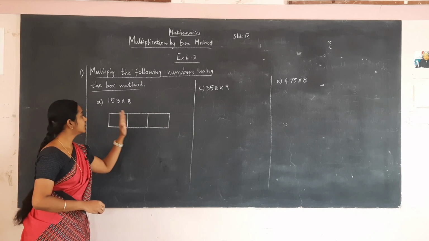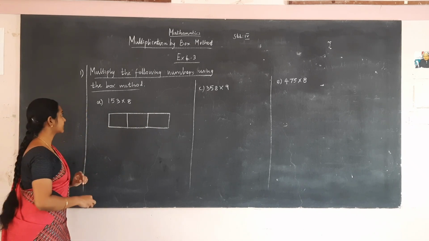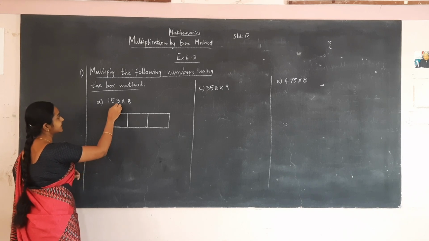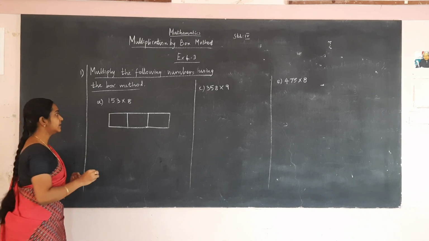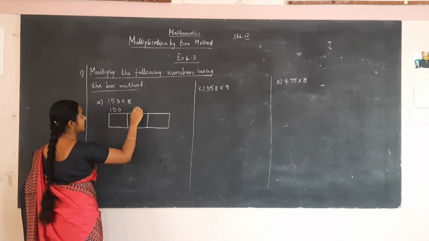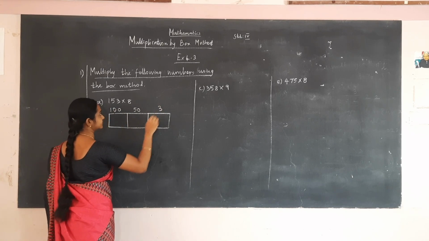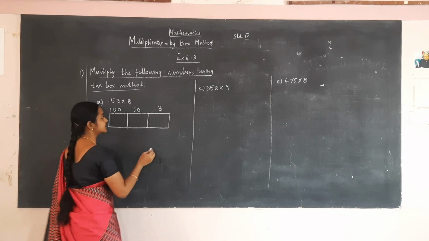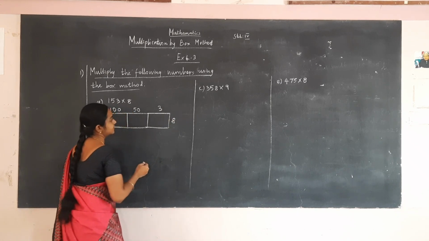Now we have to expand 153. We can expand it as 100 plus 50 plus 3 and write 8 near to the first box.